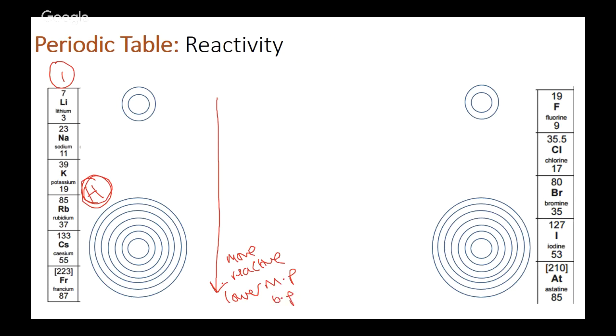So as you go down the group of the alkali metals, you get more reactive, lower melting point, and lower boiling point. This is the opposite with the halogens, which is group 7.